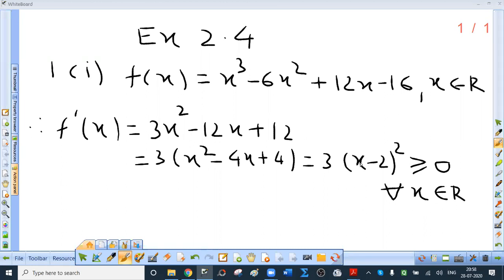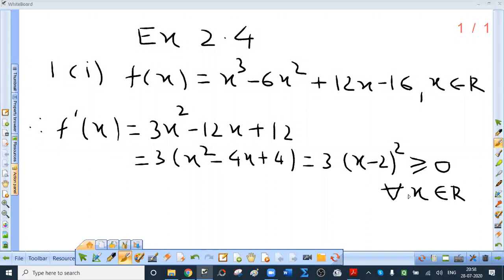Since x is real, so x minus 2 is real. Square of any real number is either 0 or positive. Multiplied by 3, same thing. So 3 into (x minus 2) whole square is either greater than or equal to 0. How to read this? You have to read this as for all, for every.